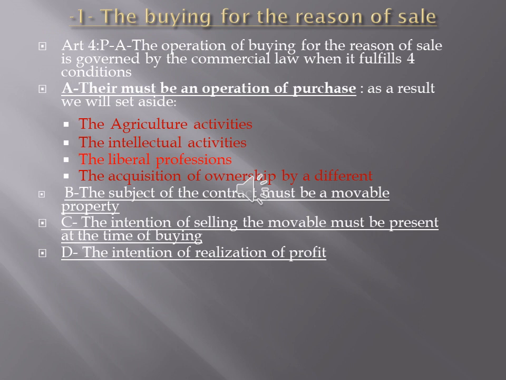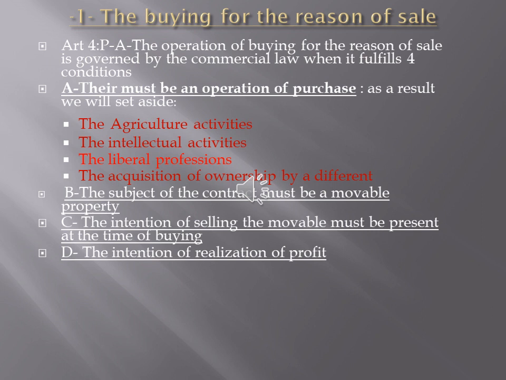We will begin with Article 4, Paragraph A, related to the operation of buying for the purpose of sale in Egypt. The operation of buying for the purpose of sale is ruled by the Egyptian commercial law, even in case of practicing it only one time, when the operation fulfills four conditions. The first condition, there must be an operation or a contract of purchase.